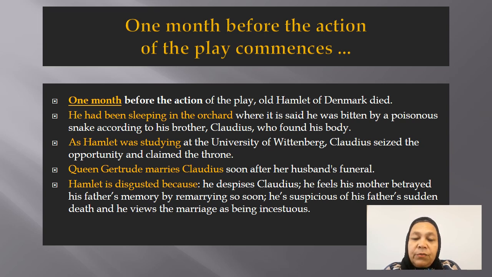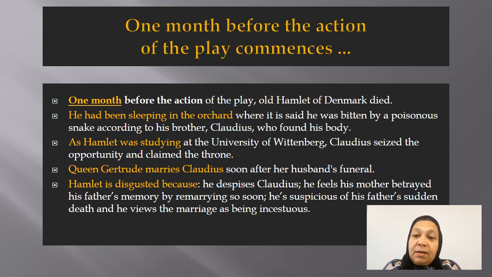Now, this action of his mother's disgusted Hamlet, because firstly he despised his uncle, and he feels that his mother actually betrayed his father's memory by remarrying very soon after his father's sudden death. So she did not even mourn very long.